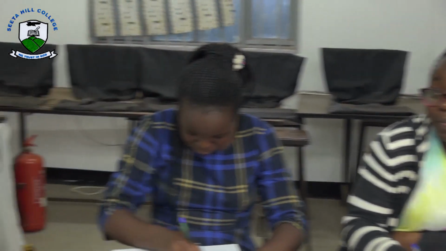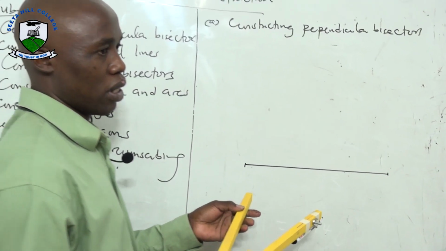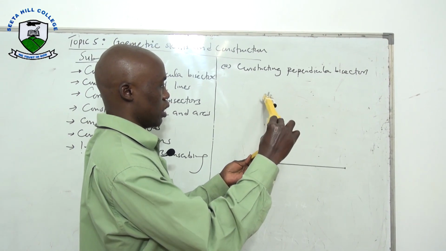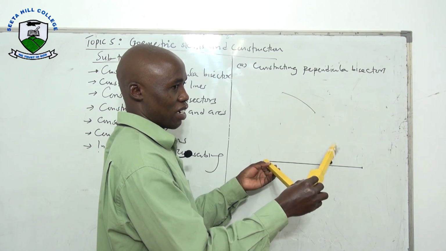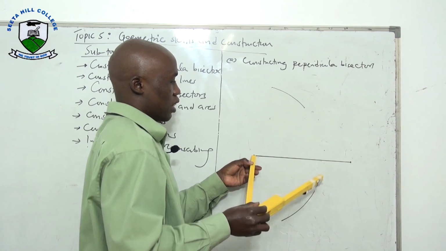Okay. What you do is you stand at each edge, since you want to divide into two, then construct an arc up, and don't adjust the radius. That means maintain a fixed radius.